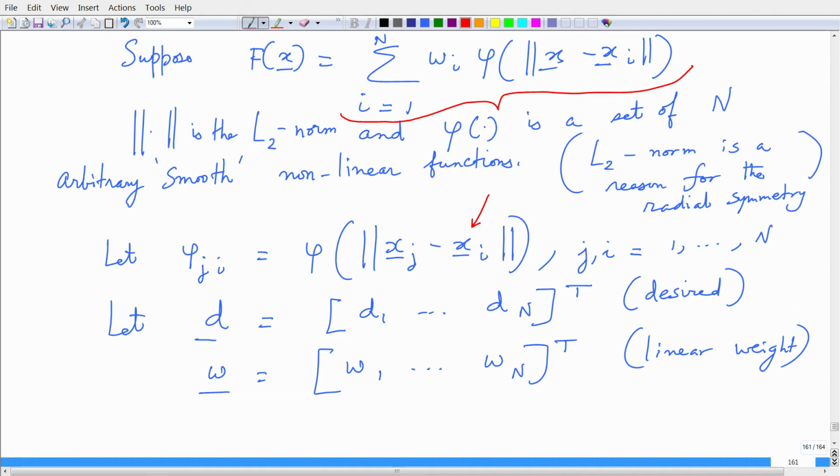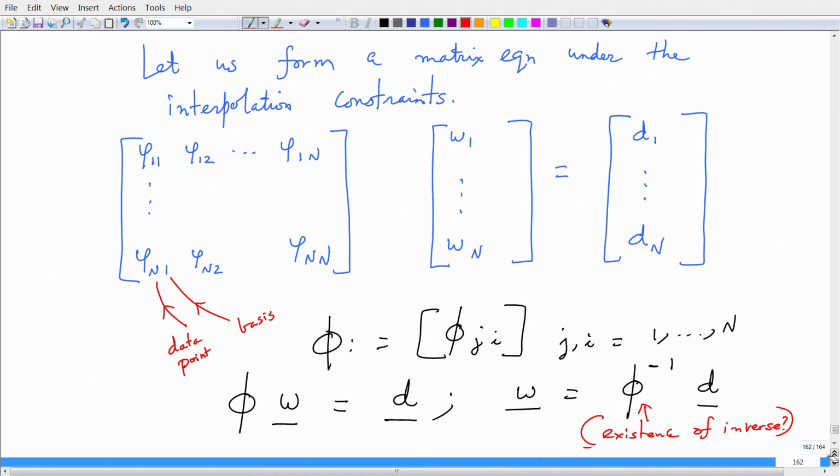Now, this is a pretty straightforward problem if we express this in the form of a matrix. I have phi 1 1, phi 1 2, phi 1 3 so on till phi 1 n, and I have these w1, w2, w3 so on till wn.